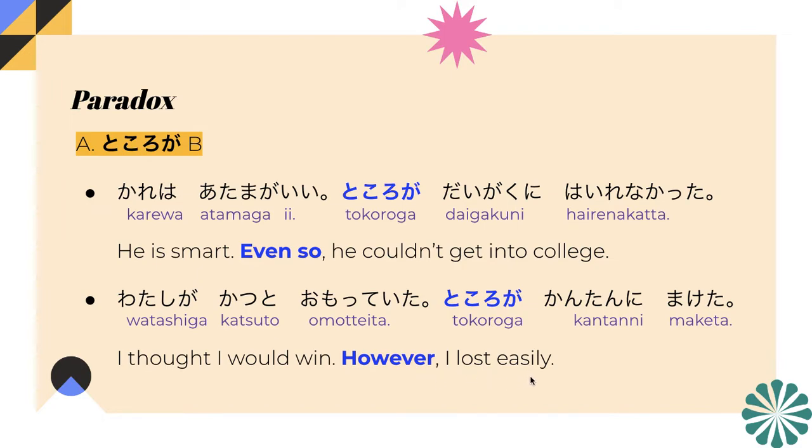However, I lost easily. To say this in Japanese is 私が勝つと思っていた。ところが簡単に負けた。So the statement A is 私が勝つと思っていた。Which is I thought I would win. ところが, however, statement B 簡単に負けた, I lost easily.